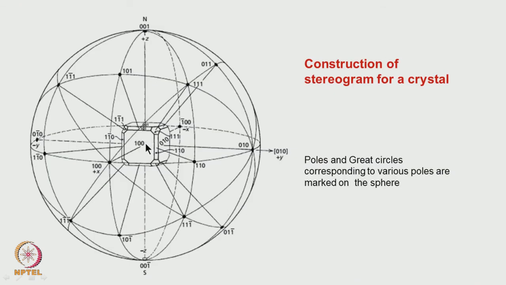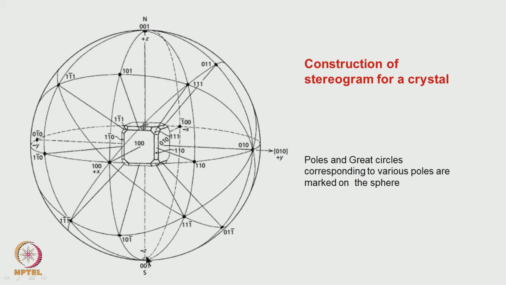Here we showed one small cube. We are drawing plane normals corresponding to a cube which has been kept at the center. The plane normals are cutting the surface of the sphere at different points and generate various poles.